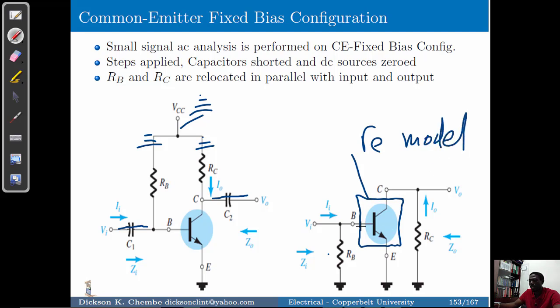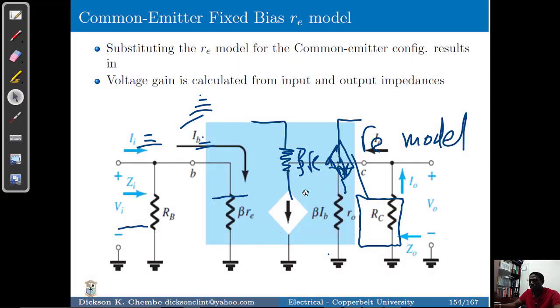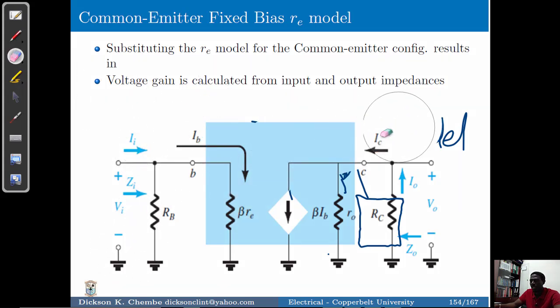So this must be replaced now by the beta r-e and the controlled source, which is beta multiplied by the current. So replacing that, we end up with this model. So RB is maintained.